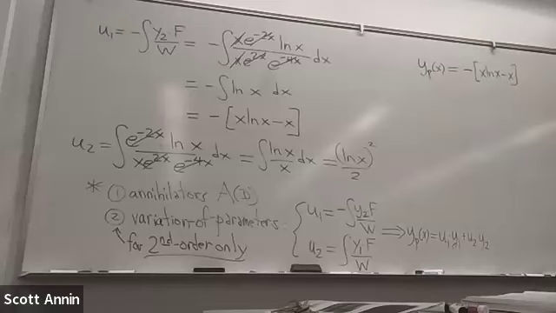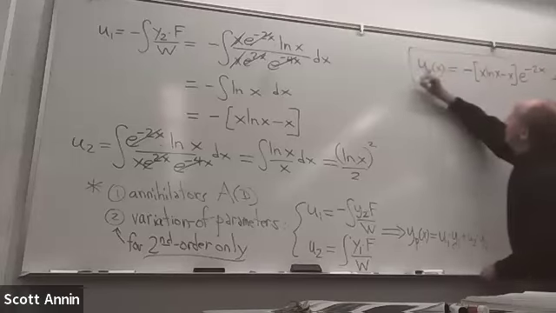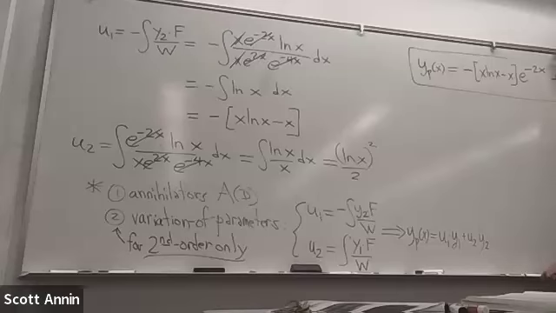So negative of that quantity times y1, which was e to the negative 2x, and then plus u2, which is the ln of x quantity squared over 2, times y2, which is x e to the negative 2x. So here you go. I'd put a box around that one as well. That's the particular solution. So we've done step 1 and step 2 now.